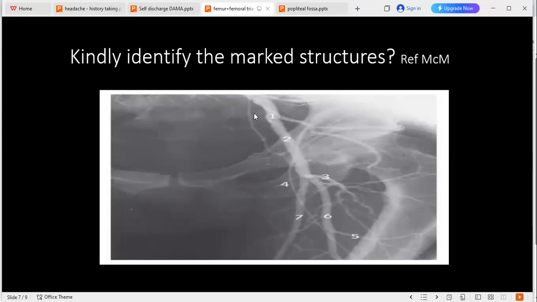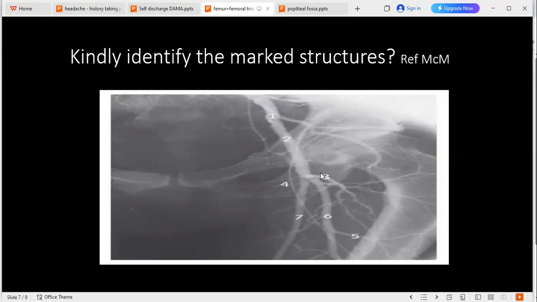What is 1? One is the catheter. 2. External femoral artery.